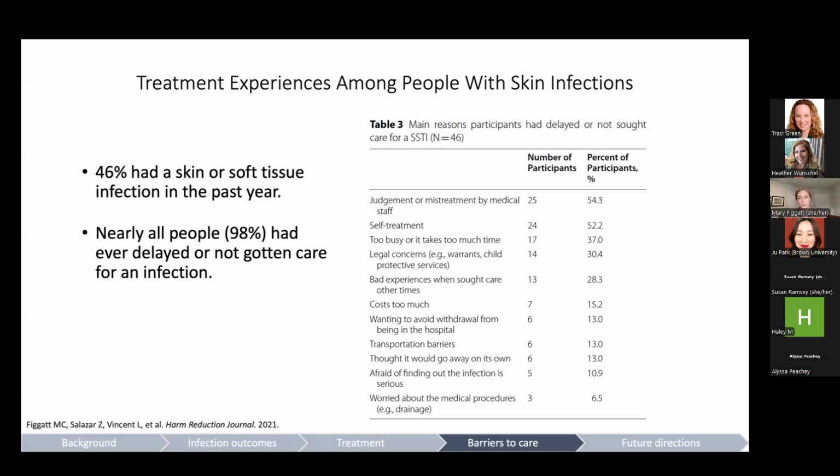The other category was logistical: it took too much time to go get care, the cost, transportation. And then lastly, a large number of people had reported self-treating their skin or soft tissue infections as well.